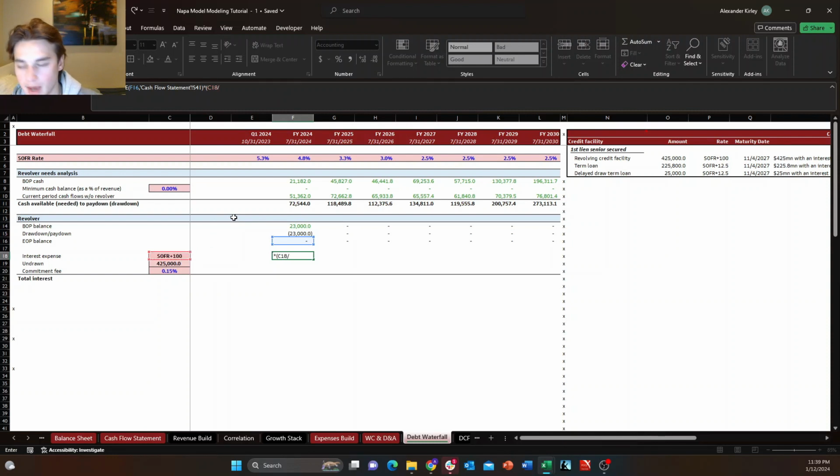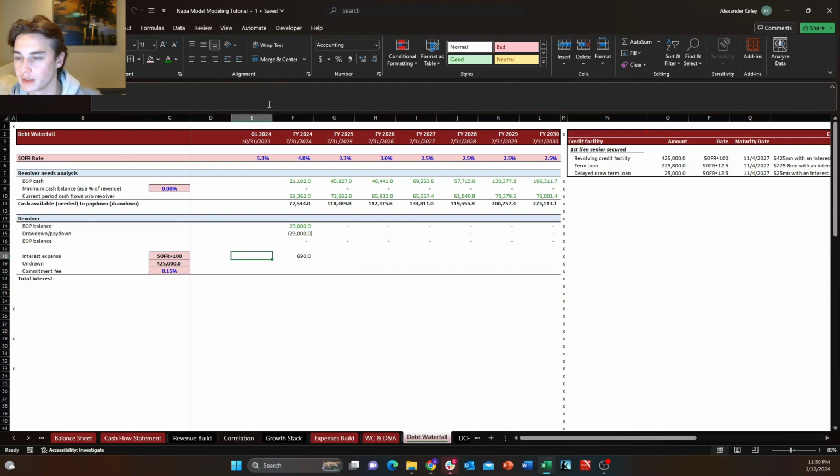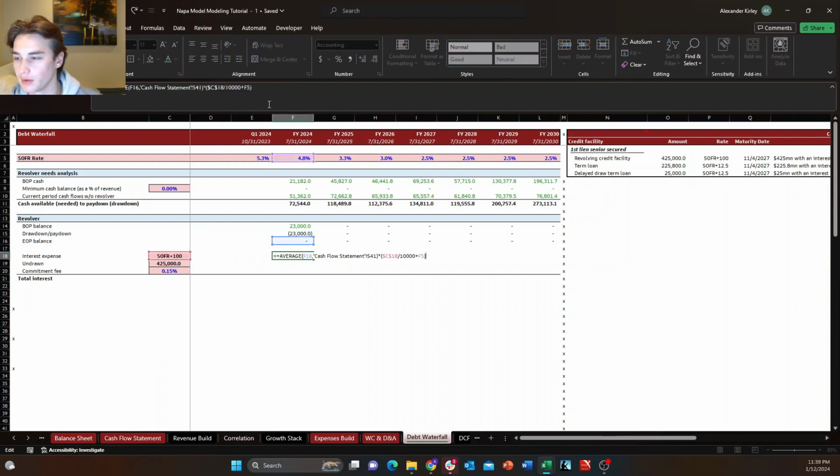However, we need to convert it from bips, so divide by 10,000, and then add our period SOFR. We also want to fix this, and we should have it there. 690, wonderful.